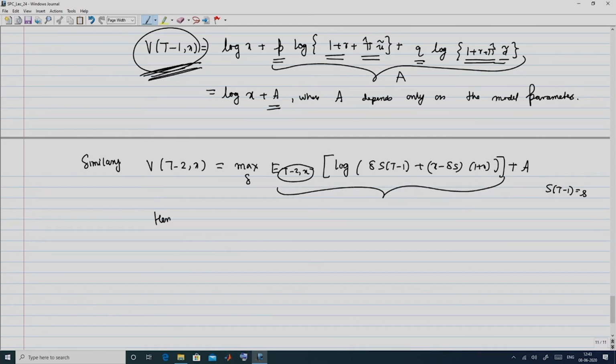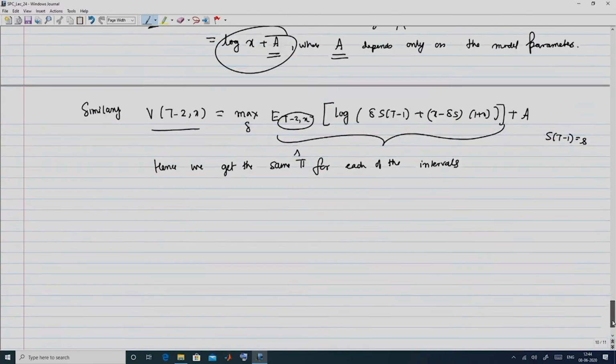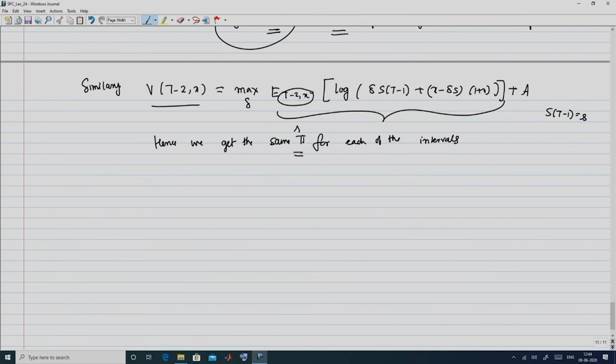Hence we get the same pi hat for each of the intervals, and the value is going to be of the form log x plus a, except the constant a is going to change depending on what the interval is, but the pi hat is going to be identical for each of the intervals.